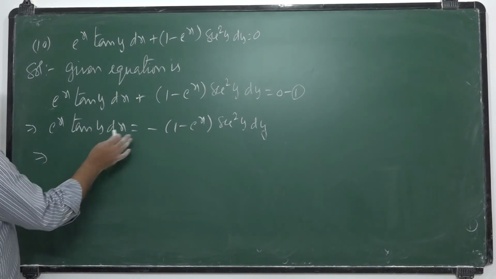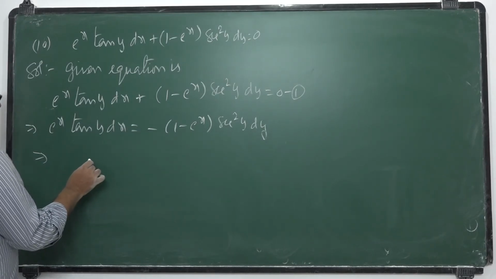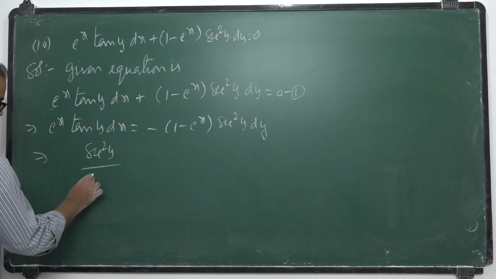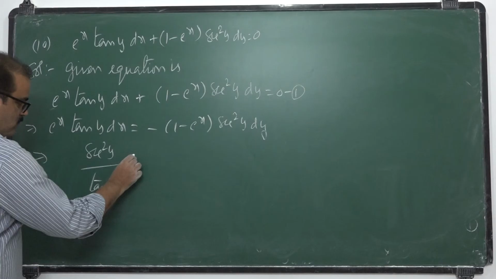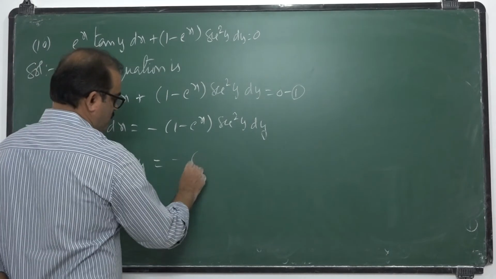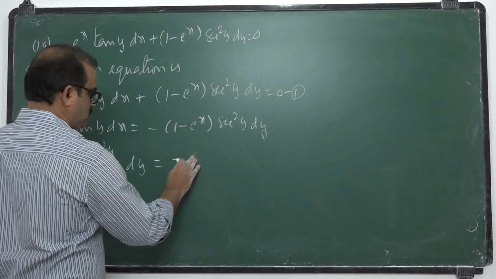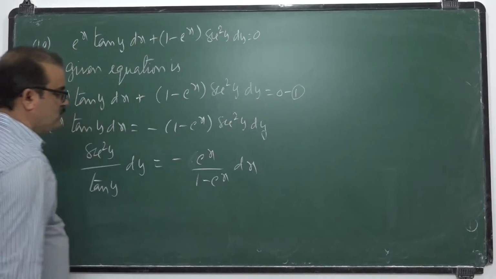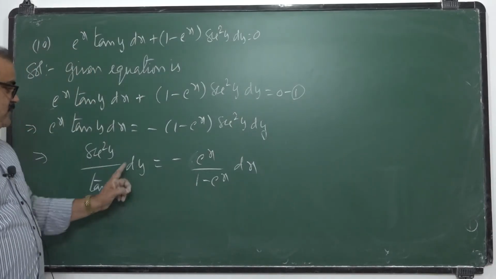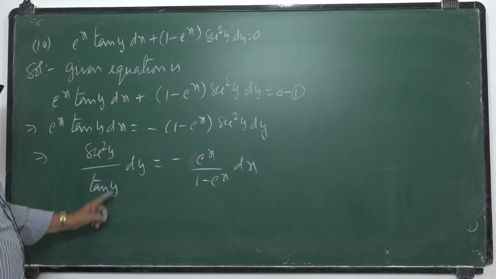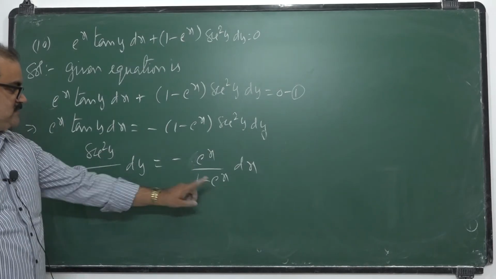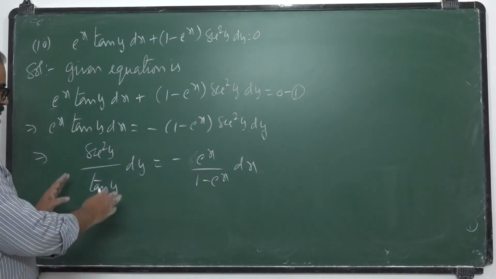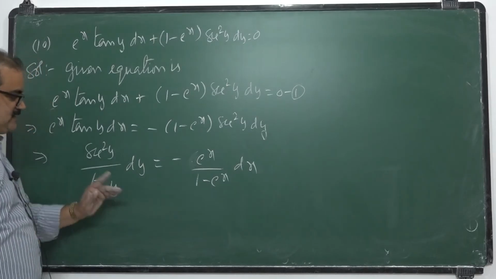Write terms containing y into dy is equal to. See here, on cross multiplying again you get this equation: secant square y dy by tan y is equal to minus e power x by 1 minus e power x into dx. Just we separate the variables x and y.